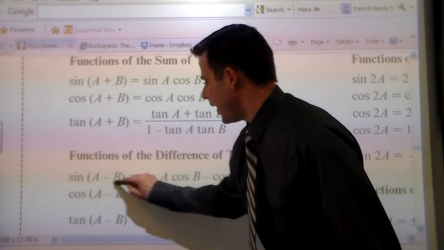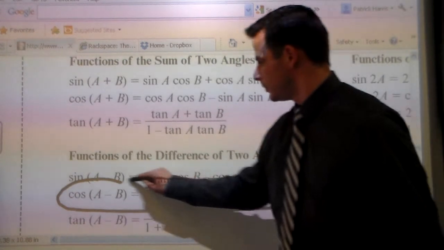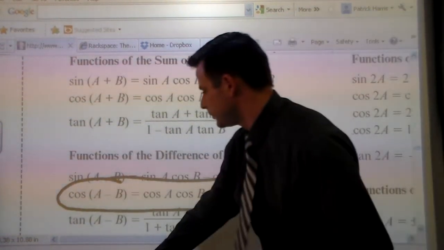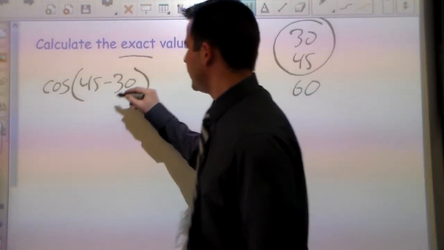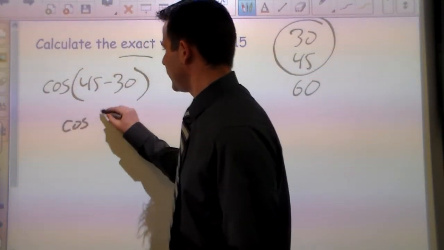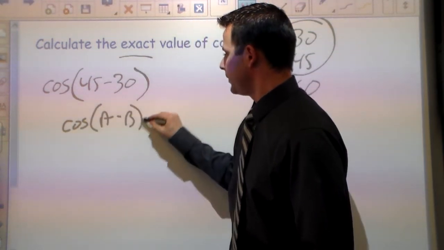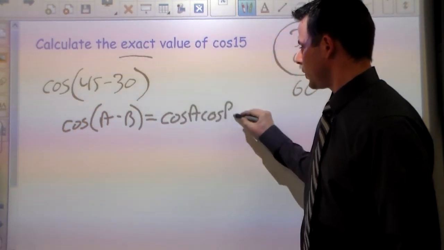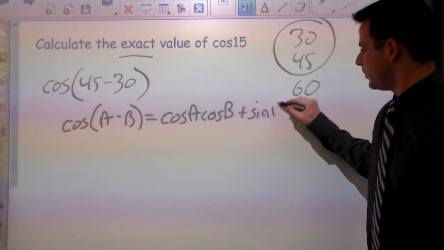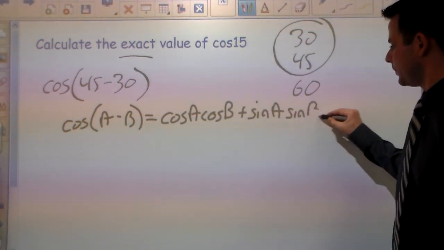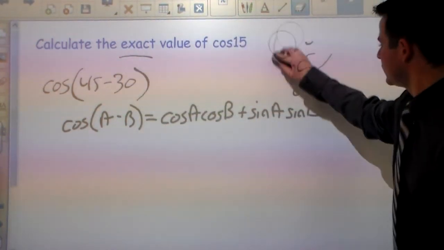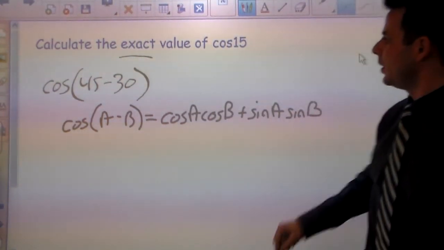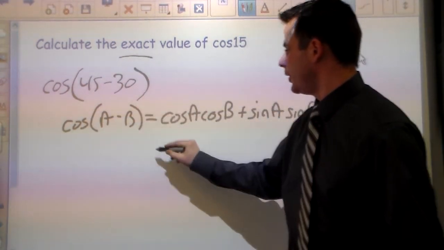Cosine of A minus B is equal to cosine A cosine B plus sine A sine B. So cosine A minus B is equal to cosine A cosine B plus sine A sine B. So let's see. Let's plug in wherever we can. Now angle A is 45 and angle B is 30.